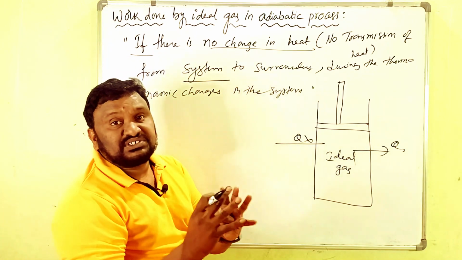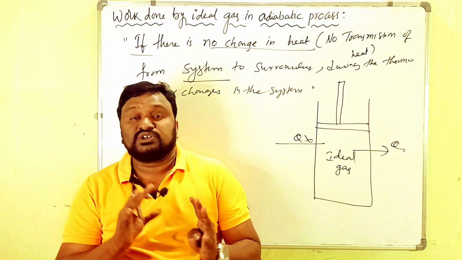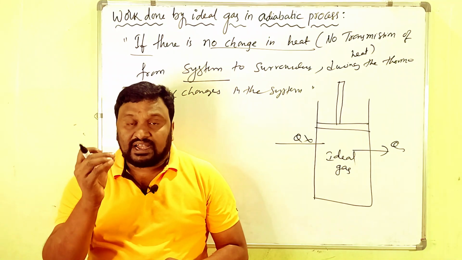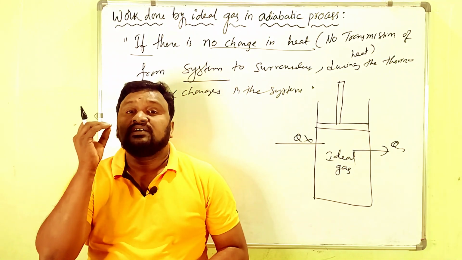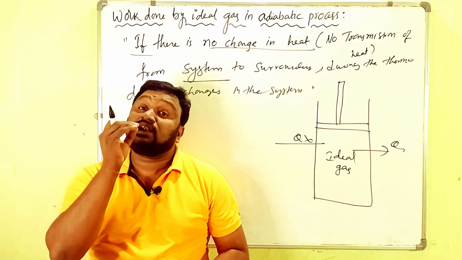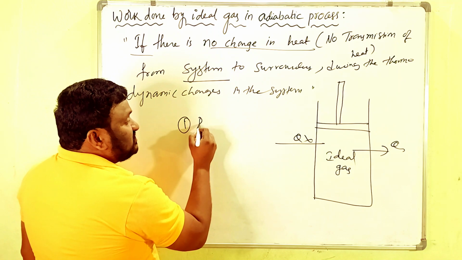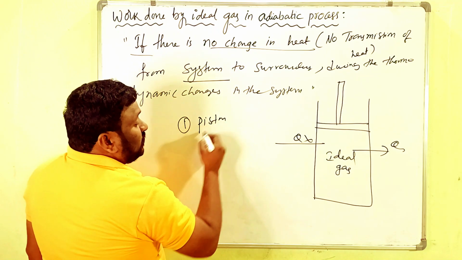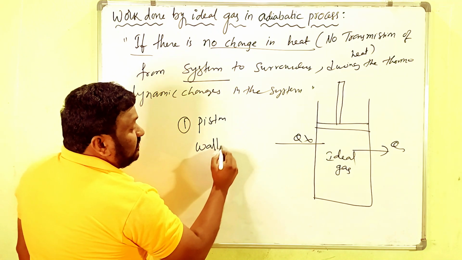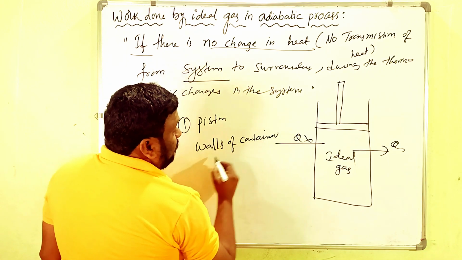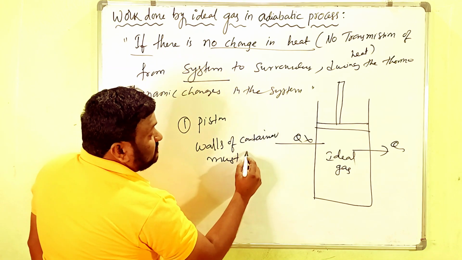In an adiabatic process, there is no transmission of heat from system to the surroundings, and an adiabatic process is possible under two conditions. One is that the piston and walls of the container must be insulated.